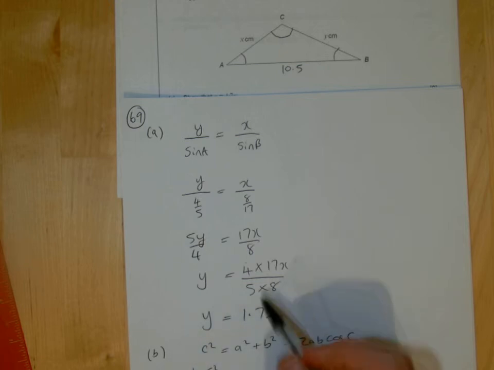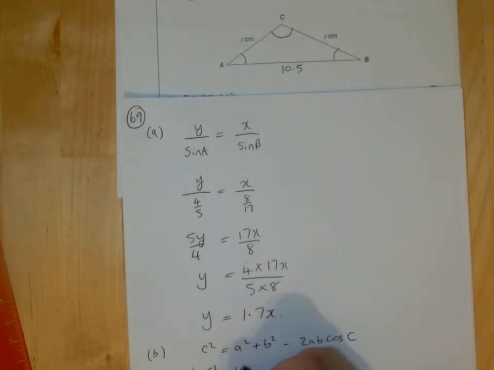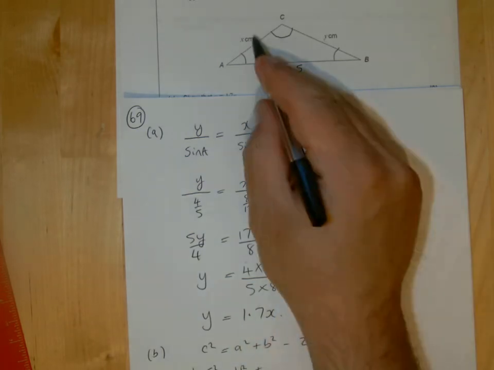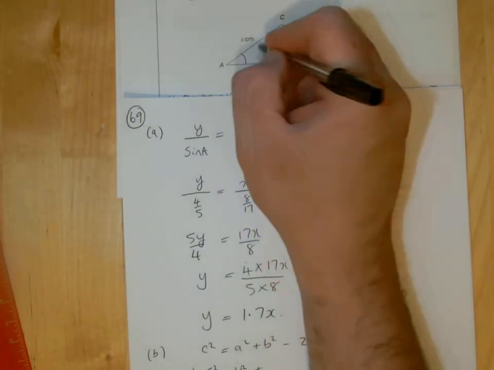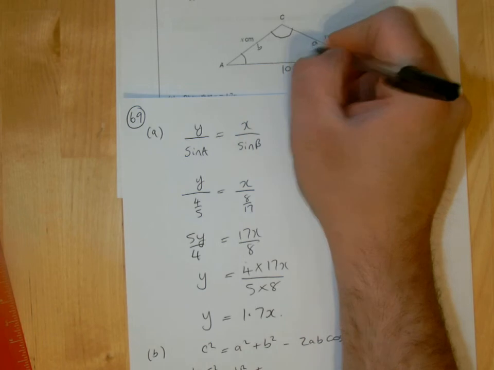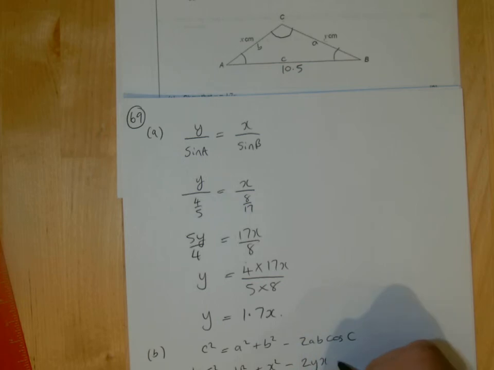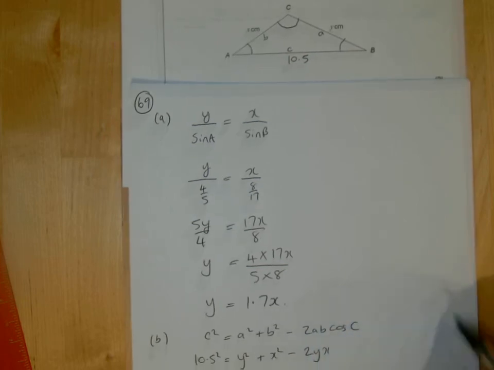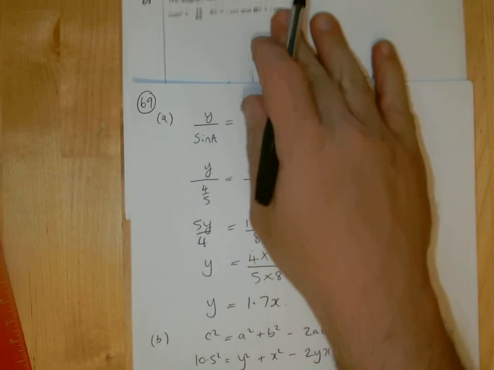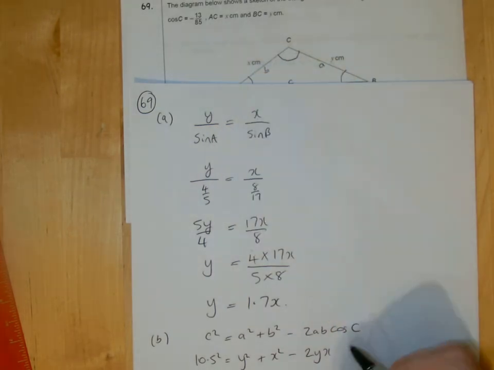Little a will be the y, so y squared. Little b will be the x, so x squared, minus 2yx cos C. Now cos C is quite simply what we've got there, minus 13/85.